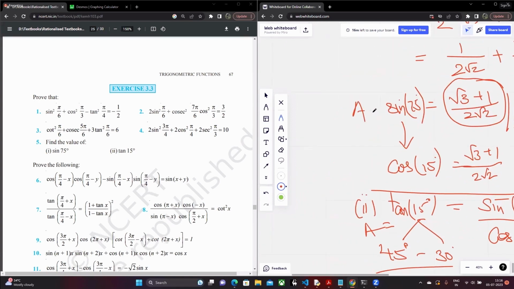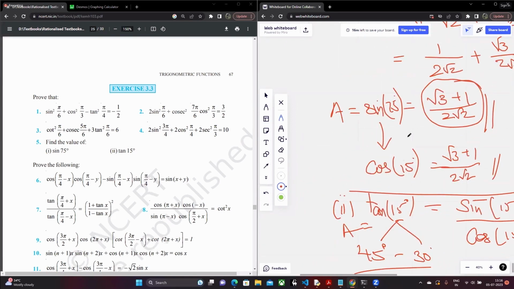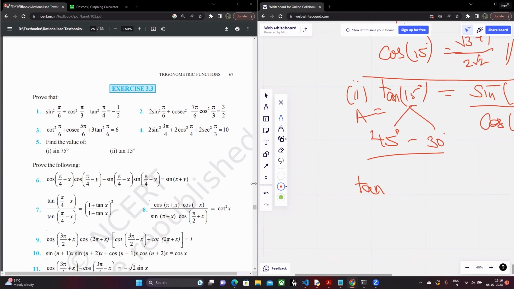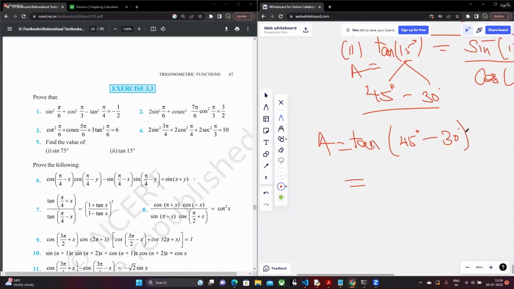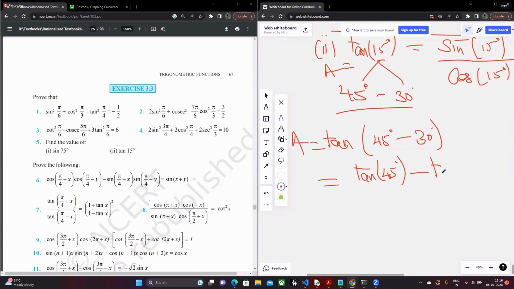So you have A to be tan of 45 degrees minus 30 degrees, right? Again, tan of x minus y, you're going to use a formula that is going to be tan x, tan of 45 degrees, minus tan y, that is tan 30 degrees, divided by 1 plus tan x into tan y.